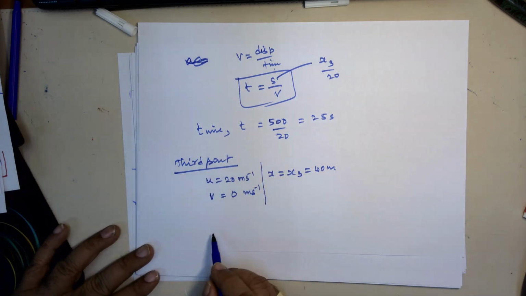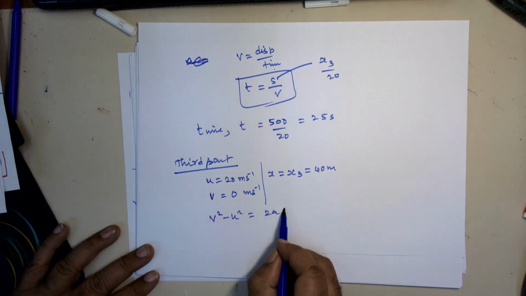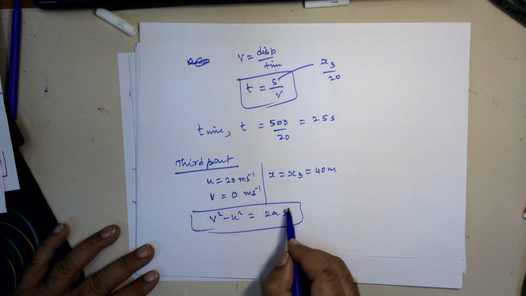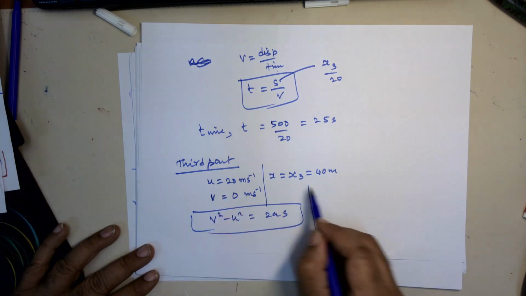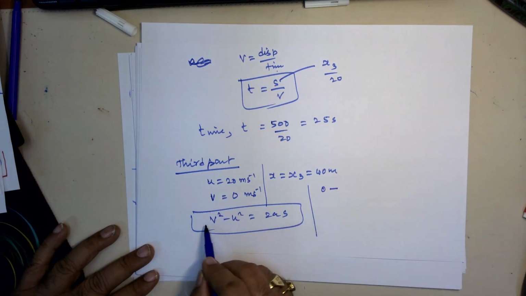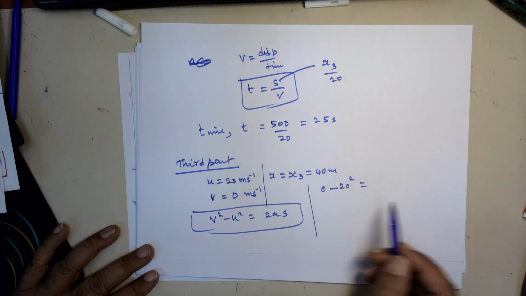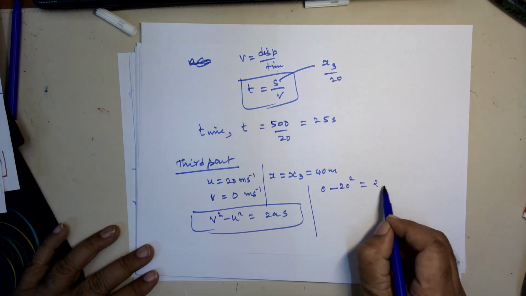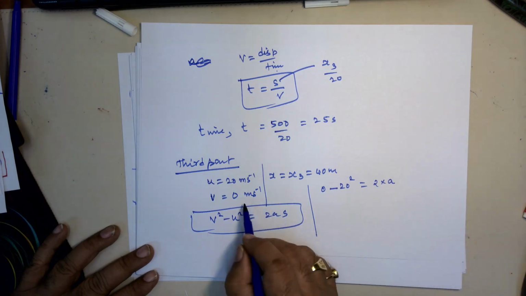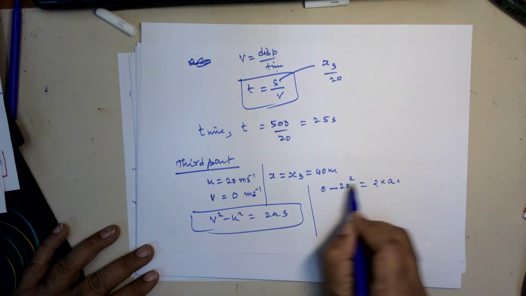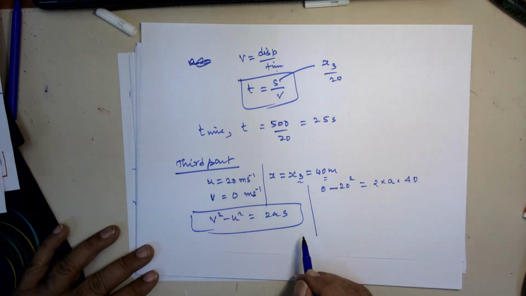Now we can apply the formula v squared minus u squared is equal to 2as. In this case, for x3, v is 0, so 0 squared minus 20 squared is equal to 2 into a into s, which is x3, that is 40, right?